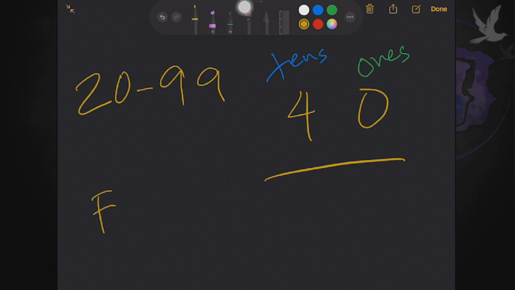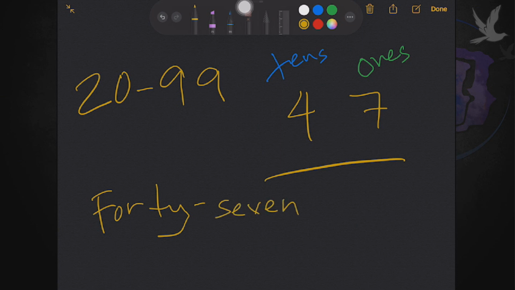You know that this is now spelled as 40, just 40 alone, since the value in the ones is 0. Now, what if you change the value to 7? This is now read as 47, which means all you need to do is write the word 7, and that is it.